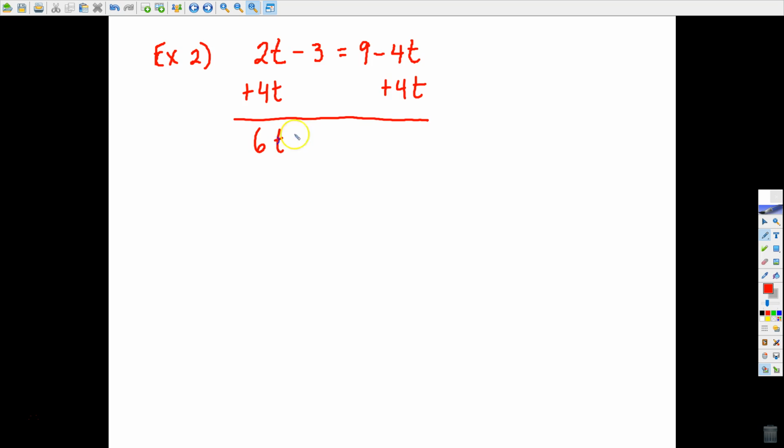And that's going to leave me with 6t minus 3 is equal to 9. Okay, think PEMDAS in reverse. I'm going to undo subtraction with addition. And then I'm going to undo multiplication with division. So my solution for t is the number 2.